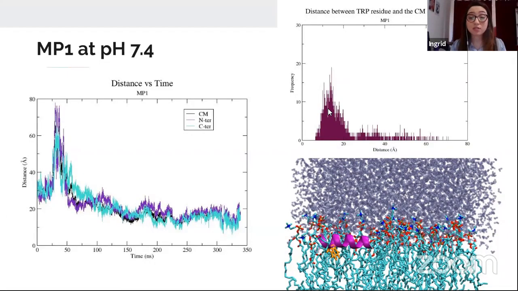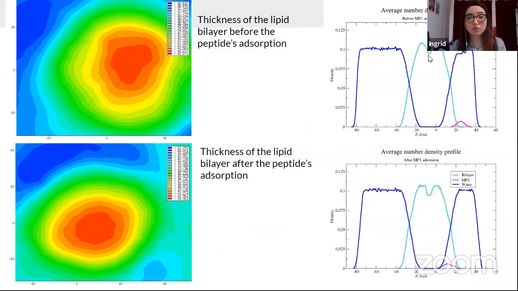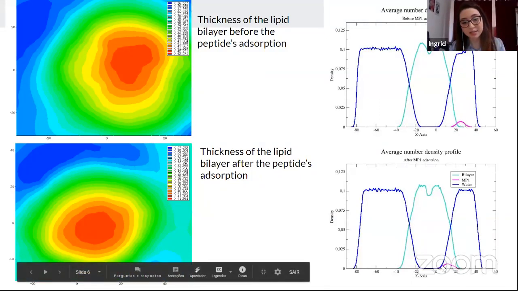That is the result that we expected from the experiments. I also want to show you my density profile for this simulation: the MP1 starts outside the bilayer, and it gets all inserted in the bilayer as the simulation proceeds and the adsorption occurs.